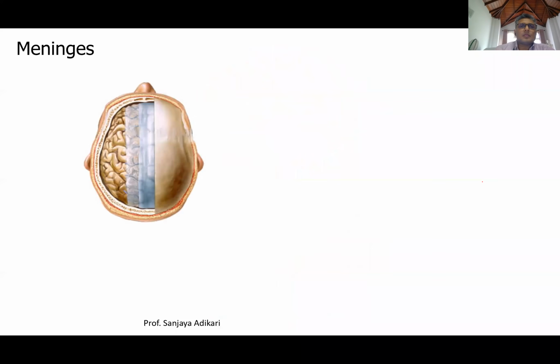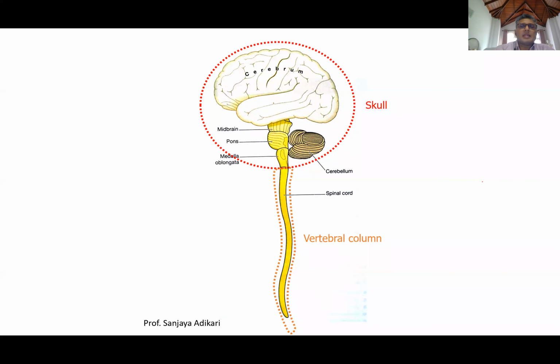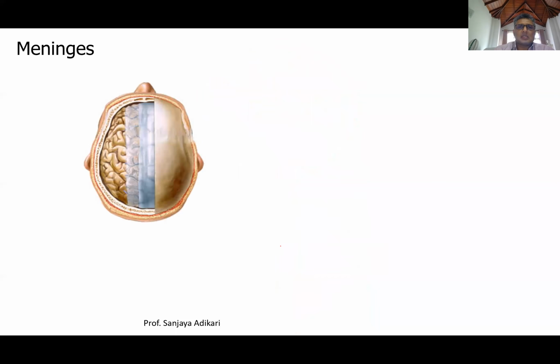Then, inside the cranial cavity or the vertebral canal, there are membranes in between the bone and the brain, or the bone and the spinal cord, to protect them. These protective layers are called meninges.